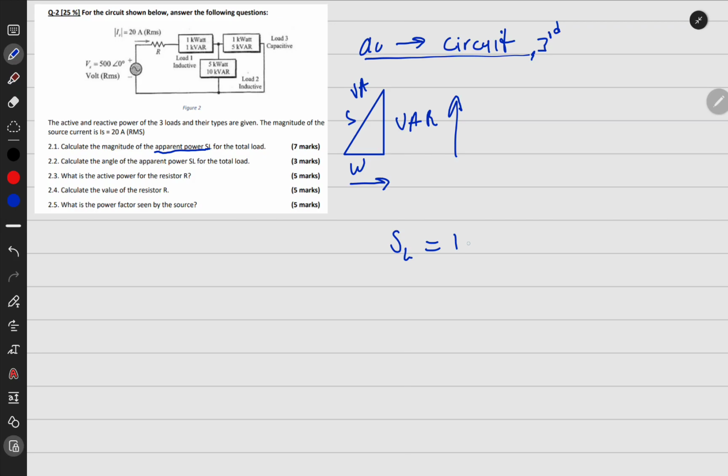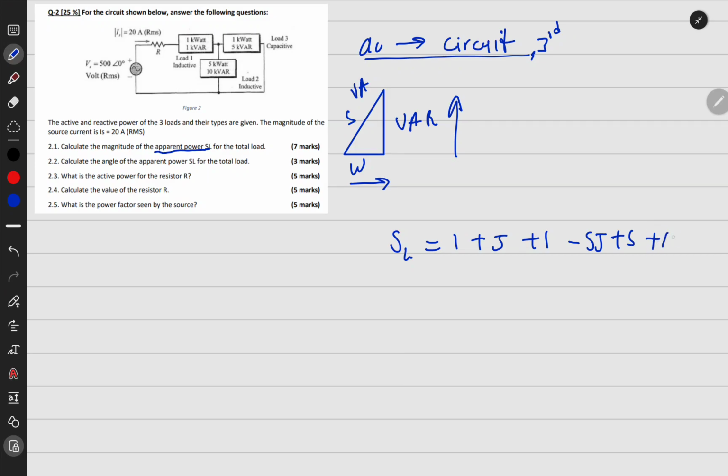I see 1 kilo there, and I see another J. For a capacitance, it's going to be a minus, so it's going to be plus 1 and minus 5, and then the inductive one, it's going to be plus 5 real, that's J, and the other one is inductive, right?